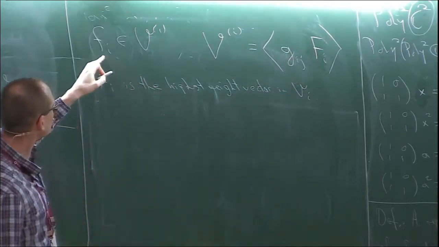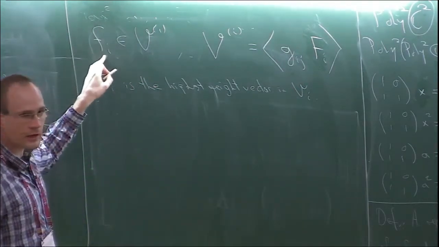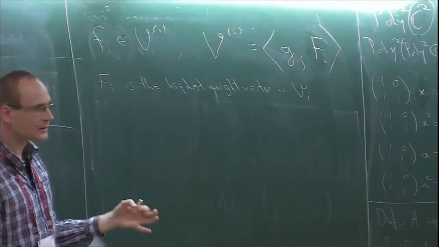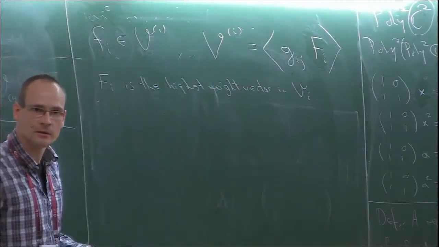So you don't have to look at every Fi in an irreducible representation. You only have to look at translates of highest weight vectors.